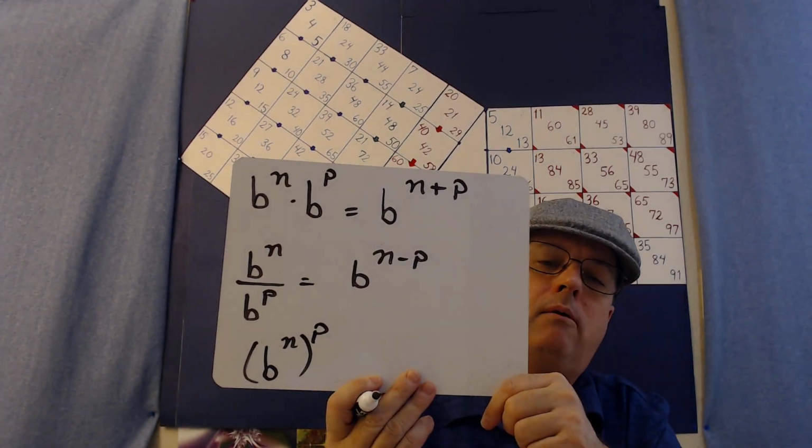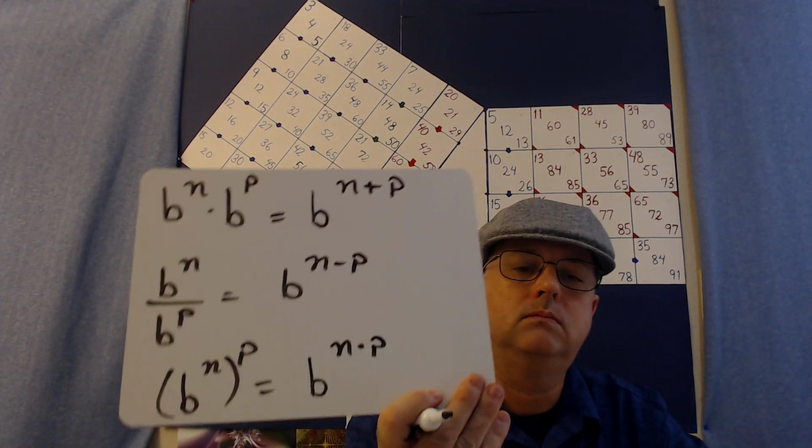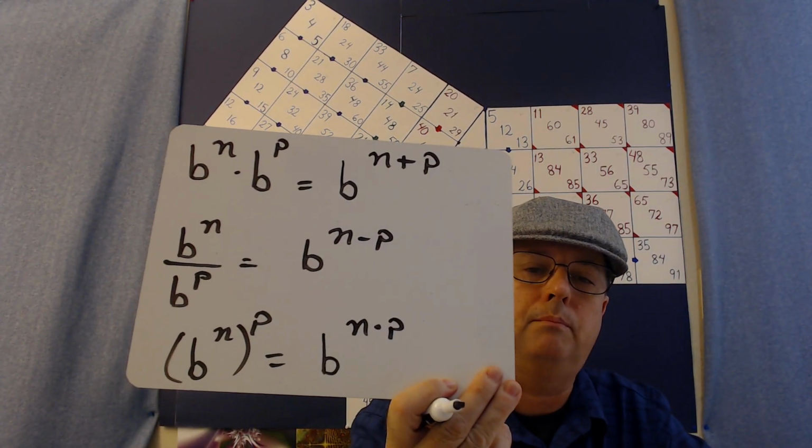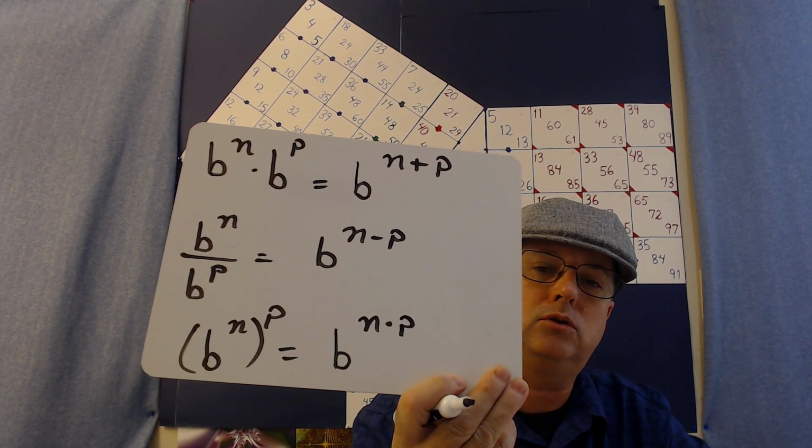And so what does that look like in our properties here? Well, if we have b to the n to the p, we have a power to a power, then we multiply those powers. Power to a power, we multiply them.